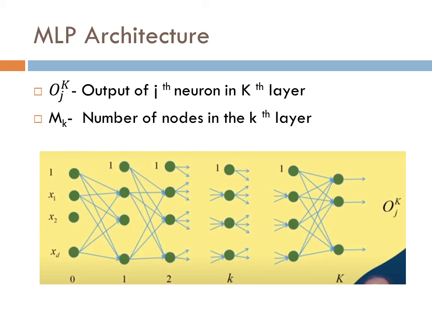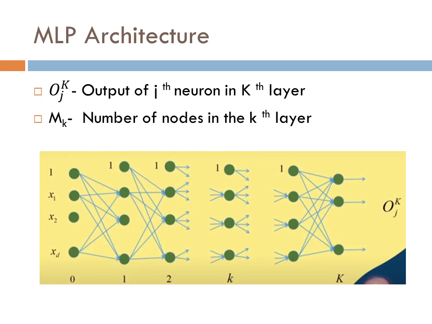Similarly, we can represent m_K, which is the number of nodes in the output layer. If it is the lowercase subscript k, then it refers to the hidden layers, ranging from 1 to capital K minus 1. This diagram we have to remember, and I will make use of it in the subsequent lectures.